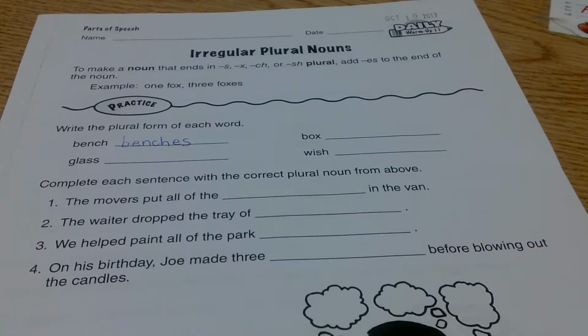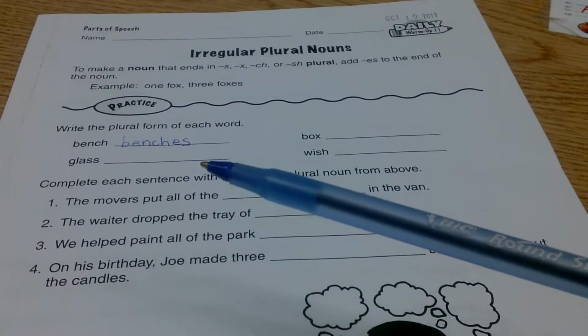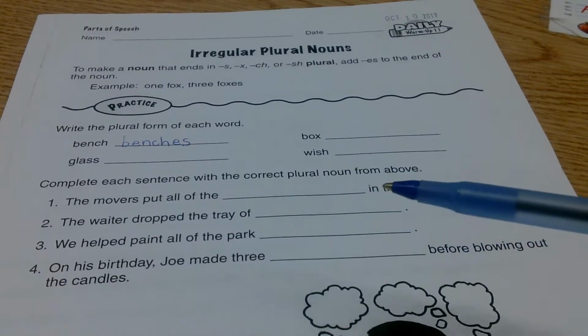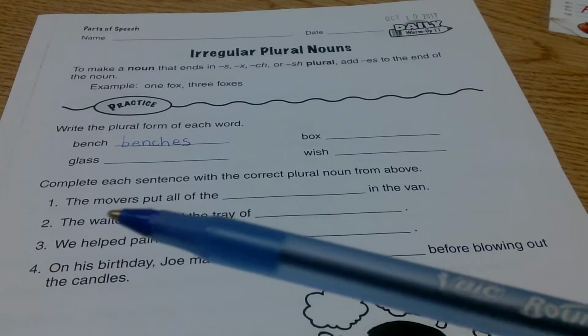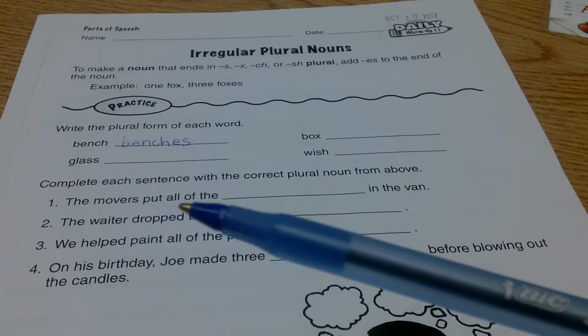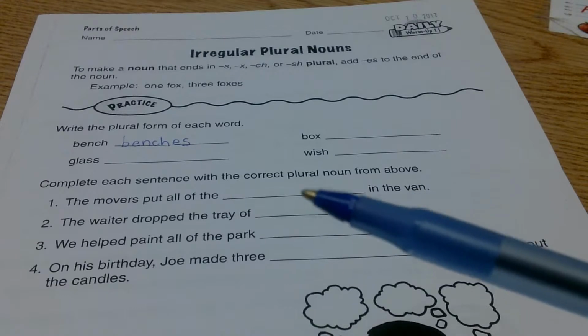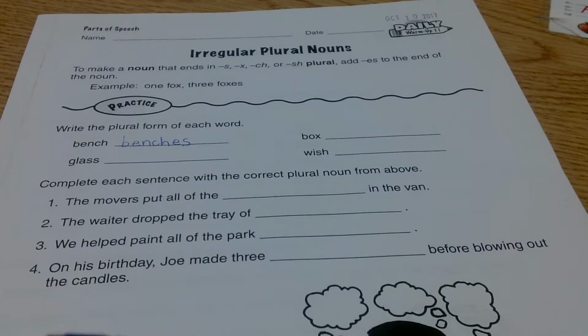Now, the next part is that you're going to use these 4 words, benches, glasses, boxes, and wishes, to complete each sentence with the correct plural noun from above. So, the movers put all of the blank in the van. So you'll think about which one of these 4 words would make the most sense there. And you can pause this and fill that in.